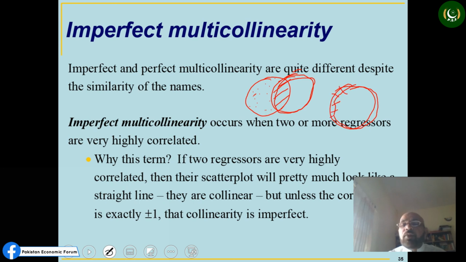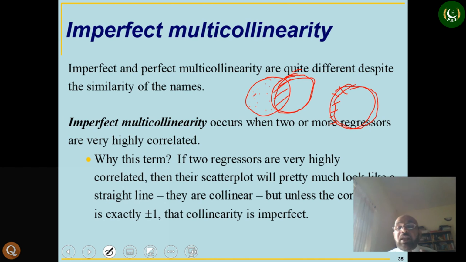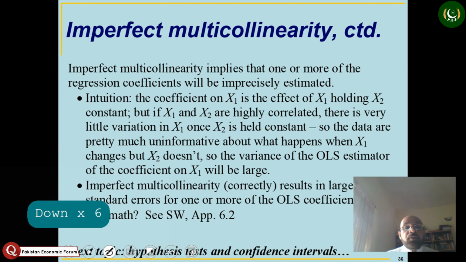That's why we say that there should not be very high multicollinearity. It will be imprecisely estimated. Usually it's an error on your part, or some substitutes are there.